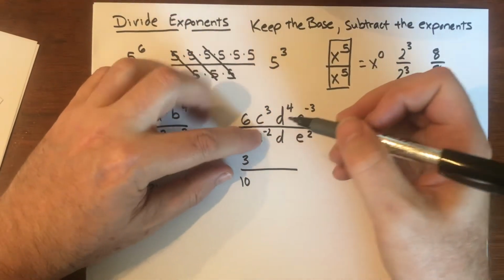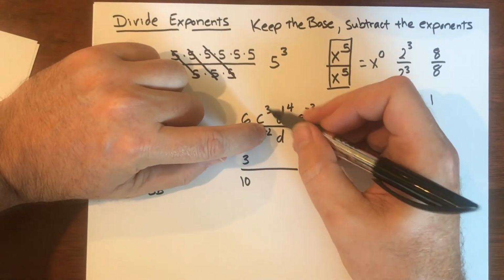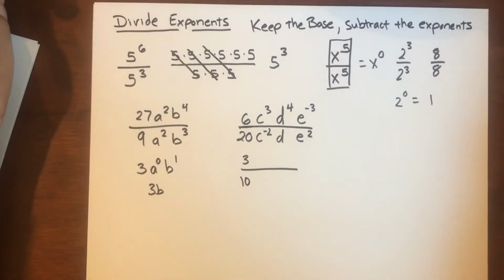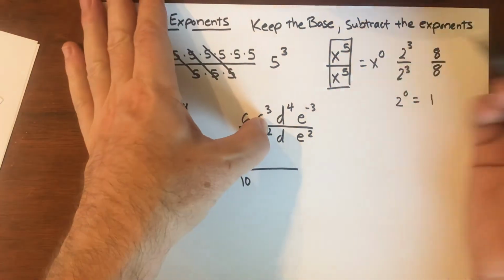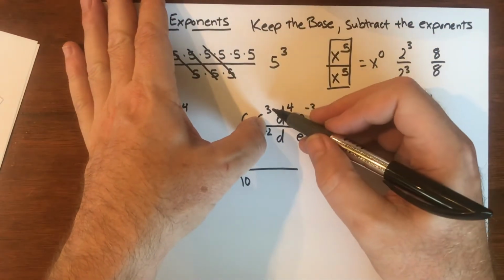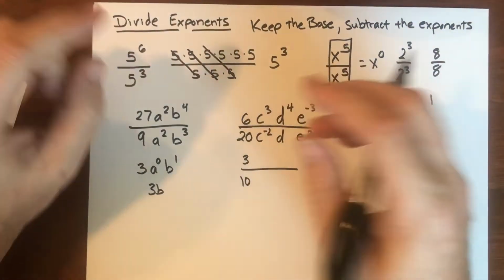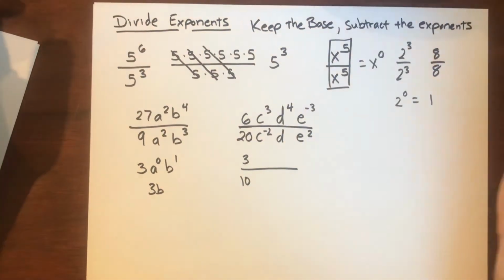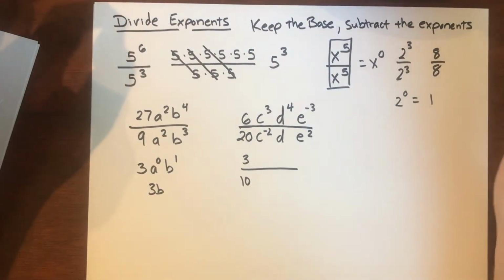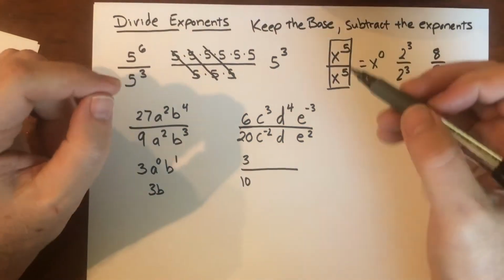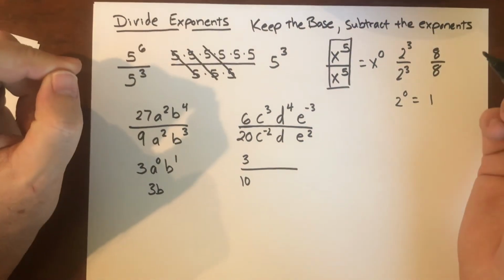But the rule is if this was just 3 and 2, I would subtract 3 and 2, right? That's what the rule says. It's for positive exponents. Keep the base, subtract the exponents. And that's just the shortcut rule. It's not like something that's not changeable. Negatives change it. They make it the opposite.